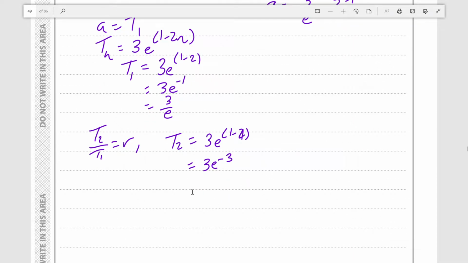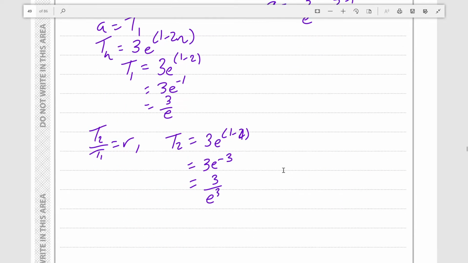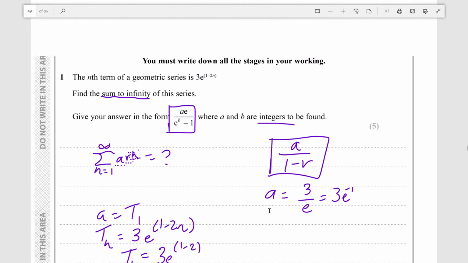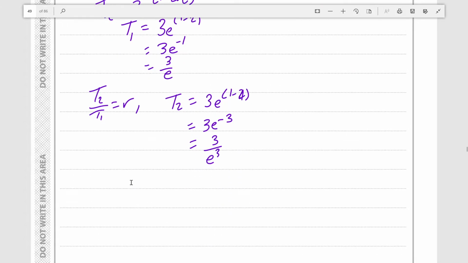And so you can also say this is 3 over e cubed. Either way, you get term 2 is 3 over e cubed, so therefore term 2 over term 1 is 3 times e to the minus 3.